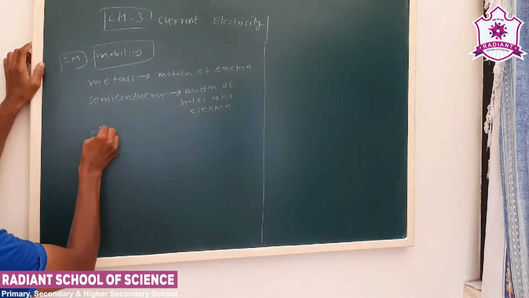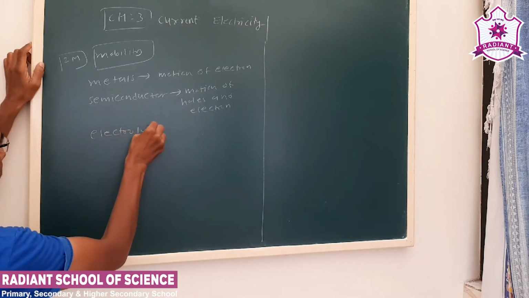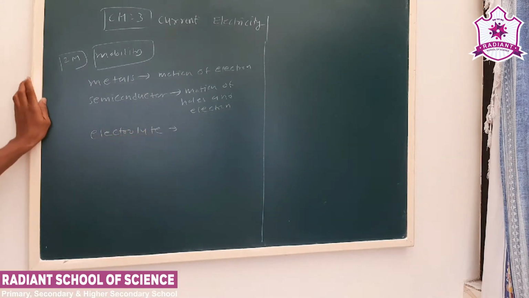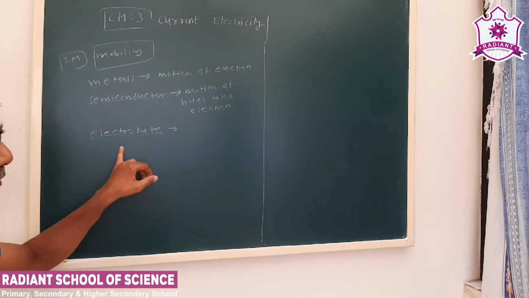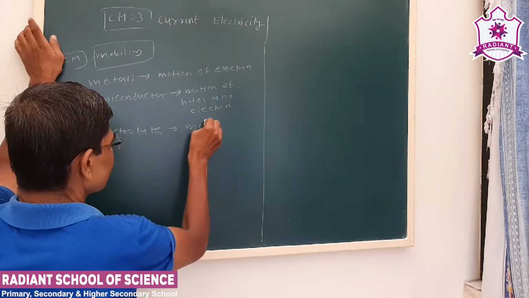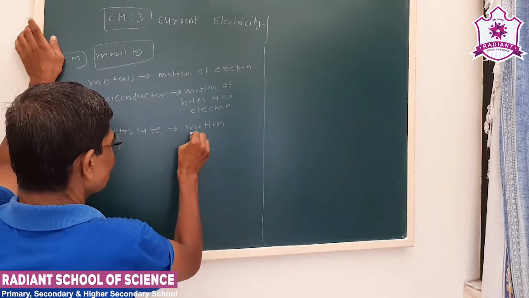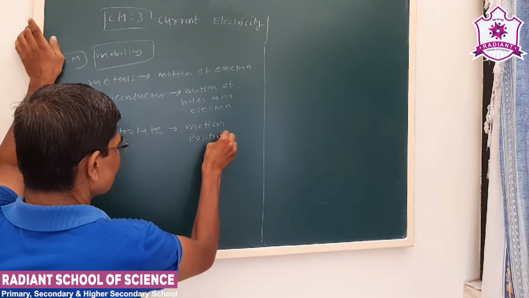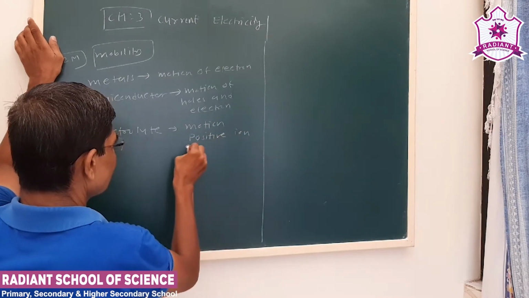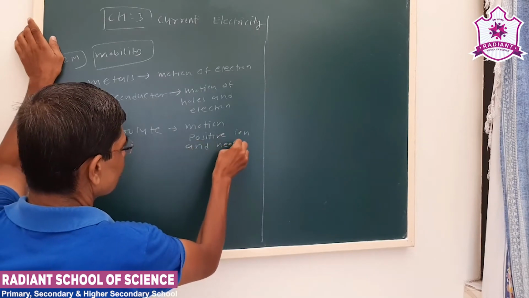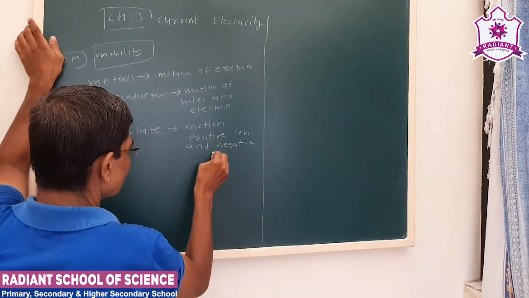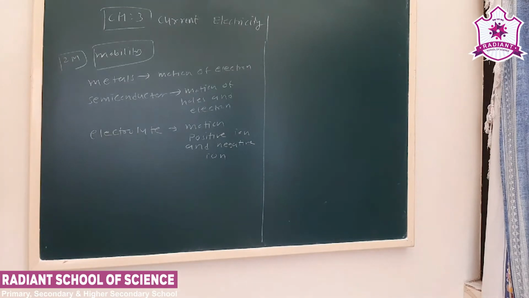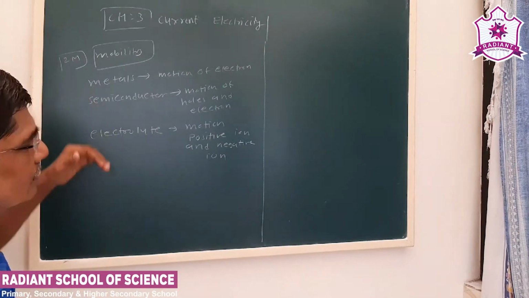Now in an electrolyte, current is produced because of the motion of positive ions and negative ions. So this is how the current is produced in different materials.